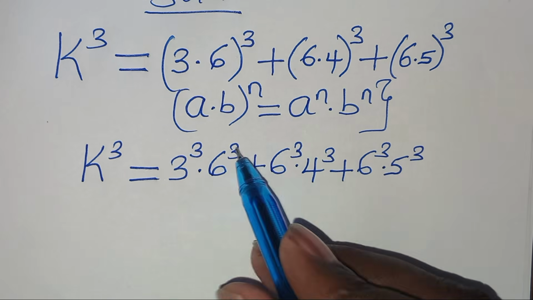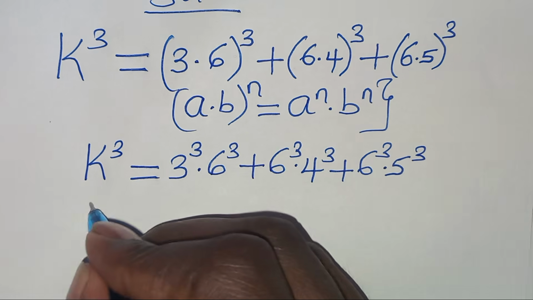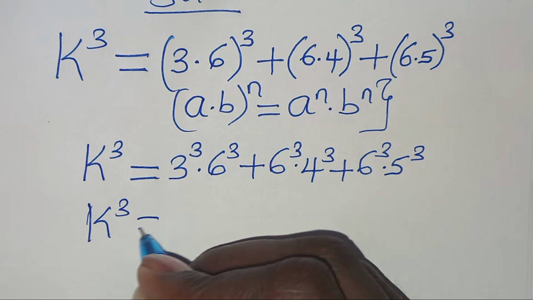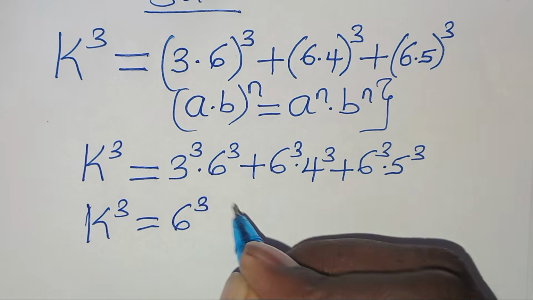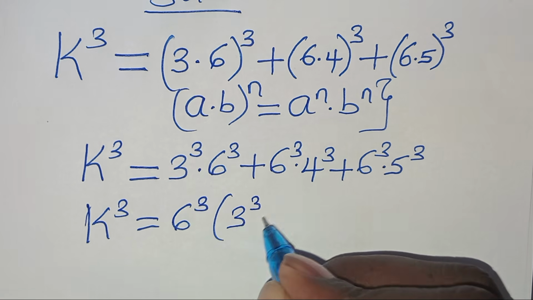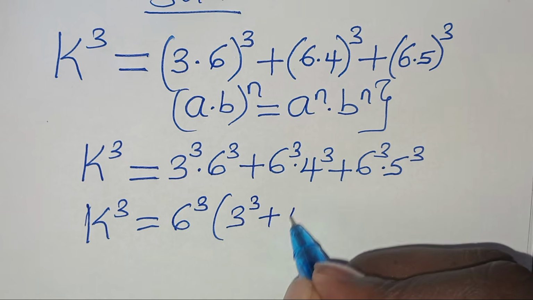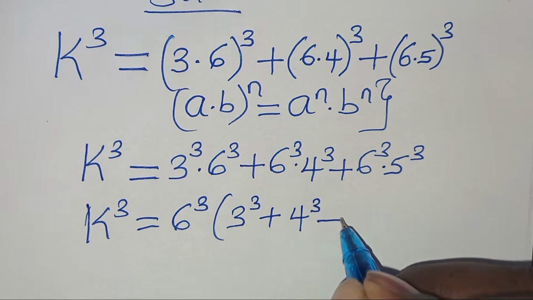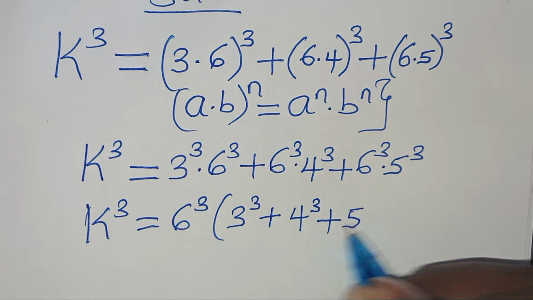Since 6 to the power of 3 is common here, we can factor out 6 to the power of 3 into the parentheses. Here we have 3 to the power of 3 plus 4 to the power of 3, then plus 5 to the power of 3.